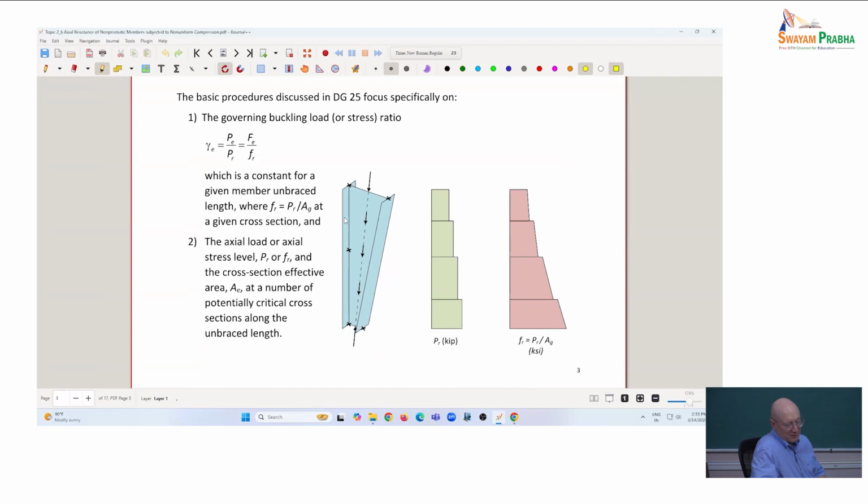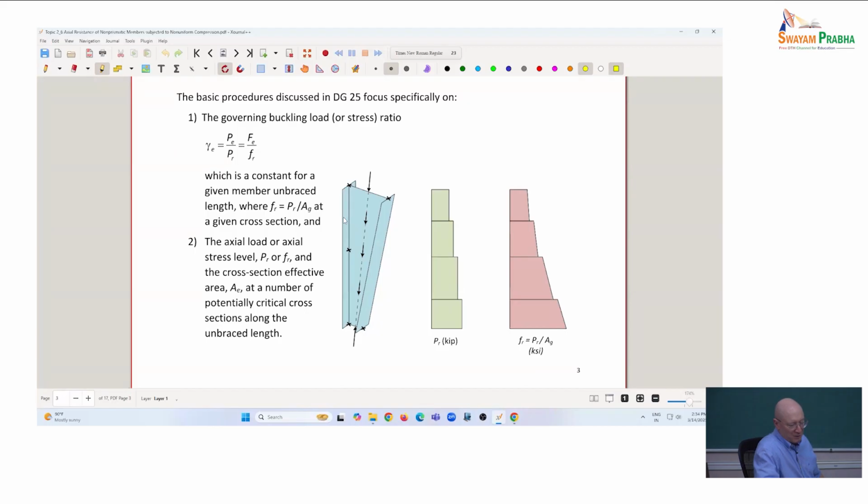But then now the axial load or the axial stress level, that's of course varying along the length. But if we focus on various potentially critical cross sections, we can basically look at each cross section and say, okay, what's the force or the stress, P over A? What's the effective area?